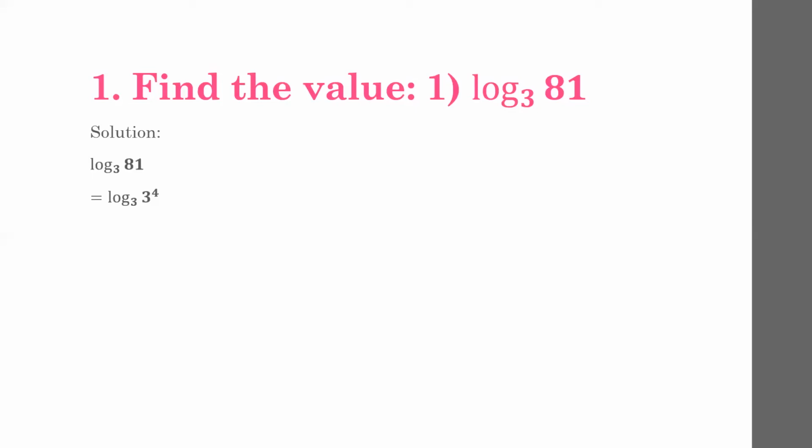Now, as the log law of power states, log a based m to the power r equals r into log a based m. In simple words, we can write the power in front of the log. Here we have log 3 based 3 to the power 4, as 4 is our power, so we can write the 4 in front of the logarithm. Doing that, we get 4 log 3 base 3.